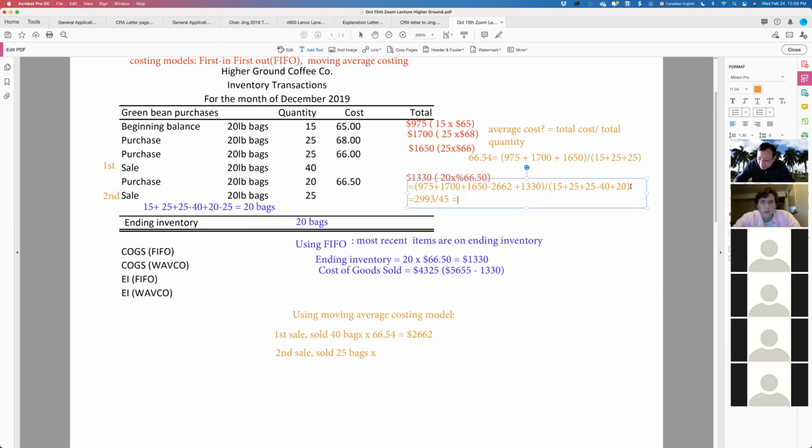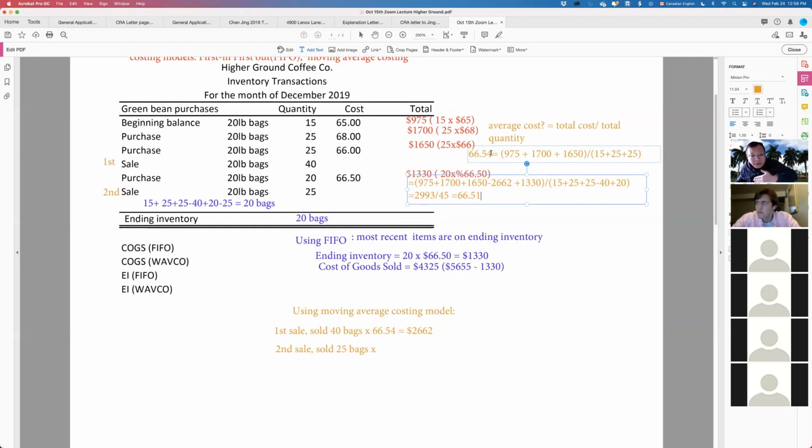So this divided by 45, I have 66.51. My moving average is lower now, because this third purchase is cheaper than the previous average. Does this number make sense? 66.51.